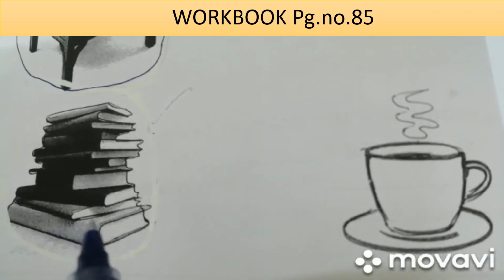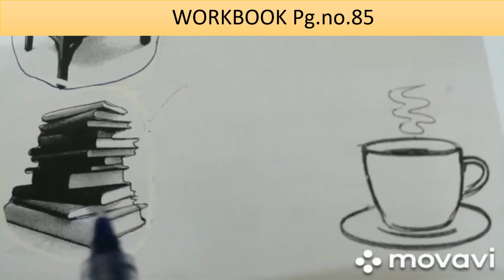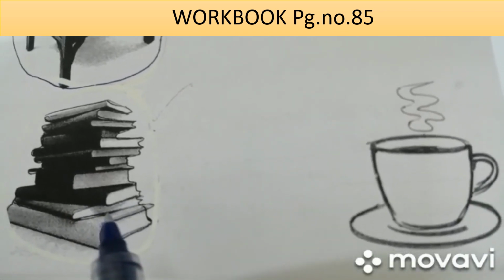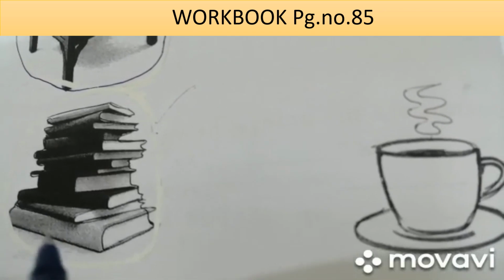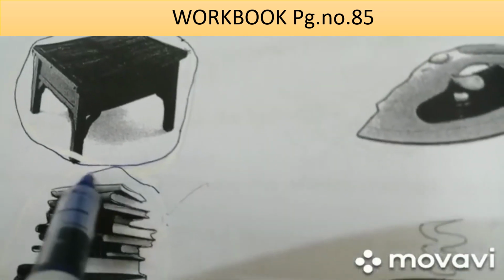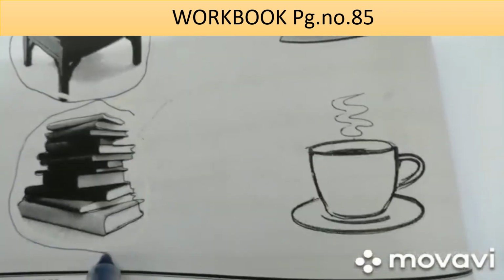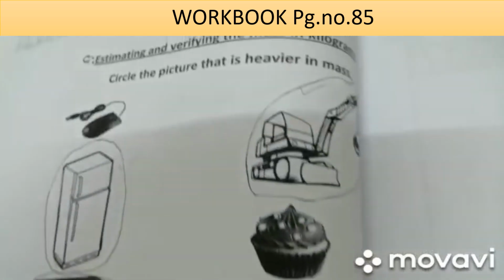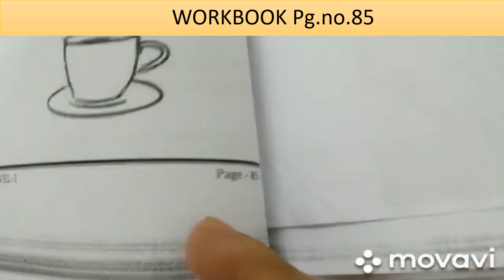And what are these? These are some books. Can you tell me which one is heavier? Is the cup of tea or these books heavier? Correct. Answer is correct. These books are heavier than a cup of tea. Okay, this was all about page number 85.